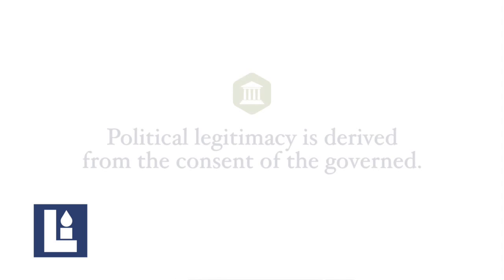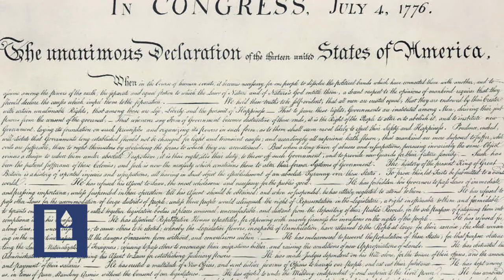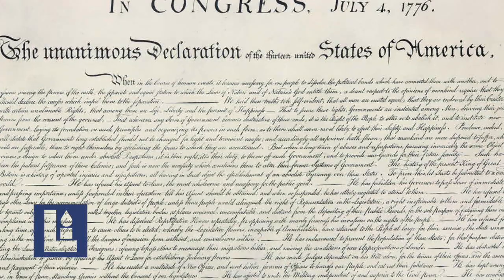Which leads us to our second principle, that political legitimacy is derived from the consent of the governed, the people. As just stated, if one man cannot rule over another, then it stands that only true political legitimacy comes from the consent of the people collectively. How so?